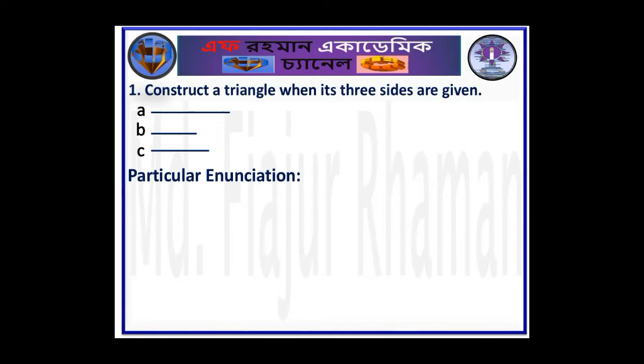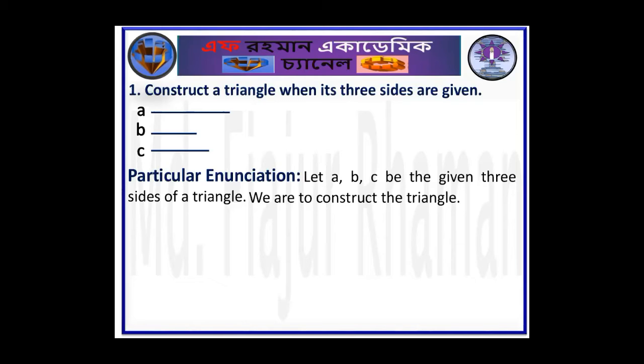That's why we have to write, let A, B, C be the given three sides of a triangle. We have to construct the triangle. Or you may write, the triangle is to be constructed, or it is required to construct the triangle.